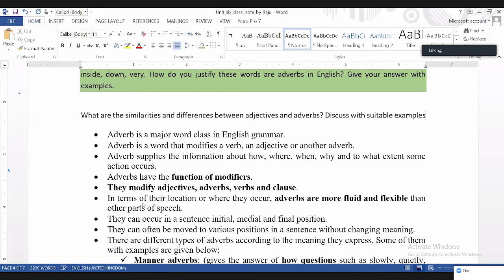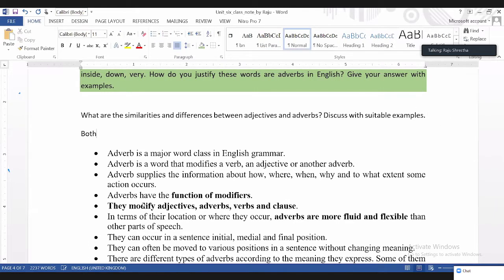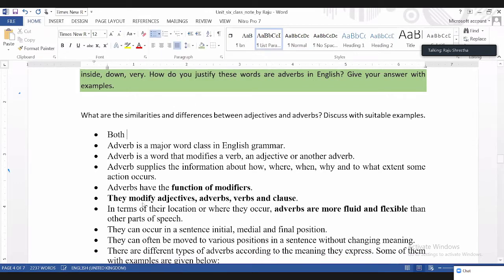In this question we have to understand that both adverb and adjectives are modifiers.